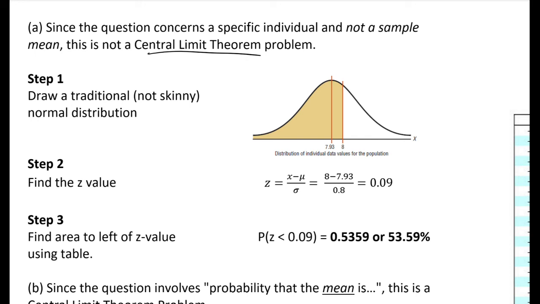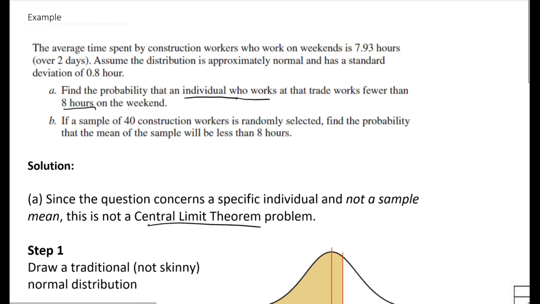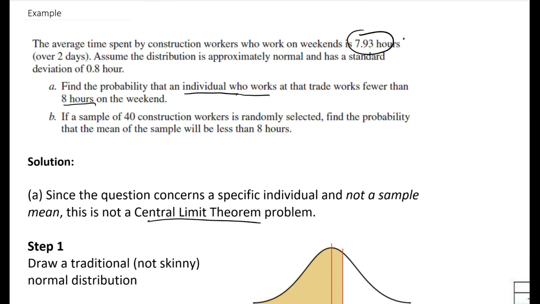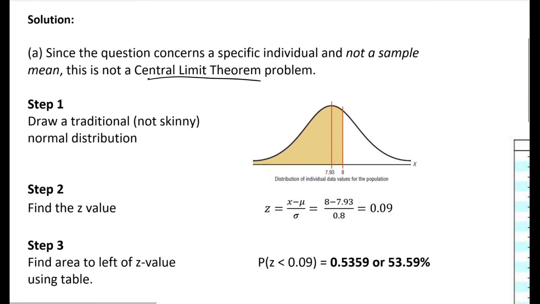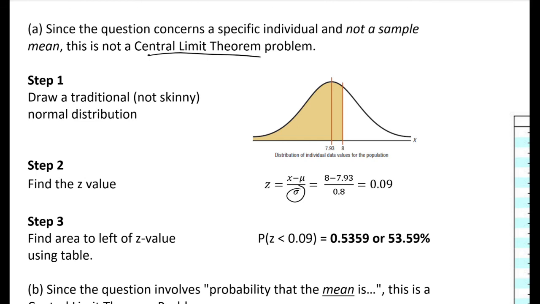And therefore, we're not using the original formula for Z. We're using the other formula for Z, the traditional formula, x minus mu over sigma. So they told us that mu is 7.93. They said that the standard deviation is 0.8. So go ahead and plug those in for mu and sigma.